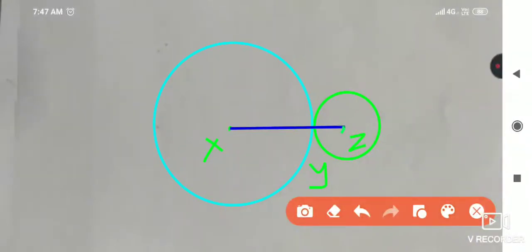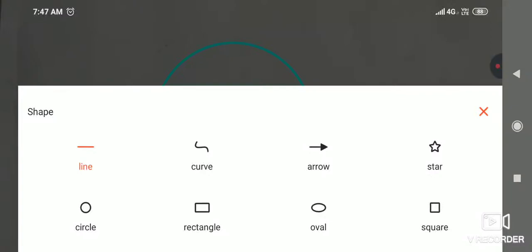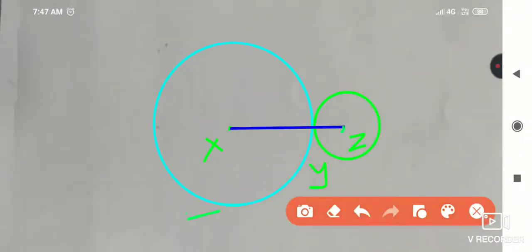Now what I have to do: take three collinear points. The three collinear points are x, y, z, and as shown in the figure, draw a circle with center x. For this first circle, x is the center and xy is the radius. For the second circle, the center is z and the radius is yz.